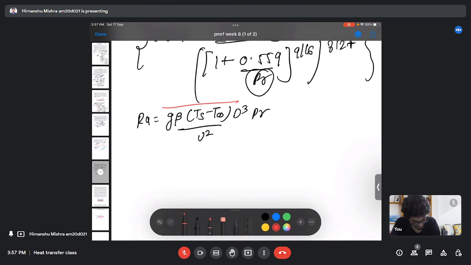this quantity is my Grashof number. So the Rayleigh number is given as the product of the Grashof number and the Prandtl number.